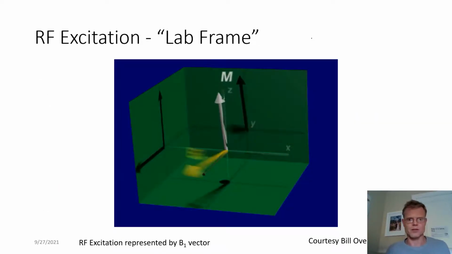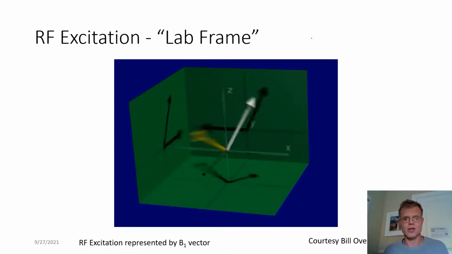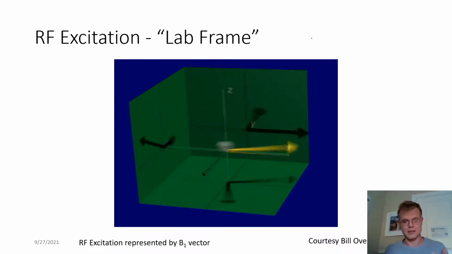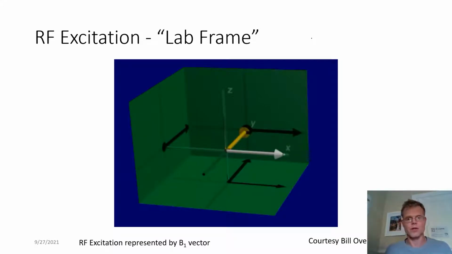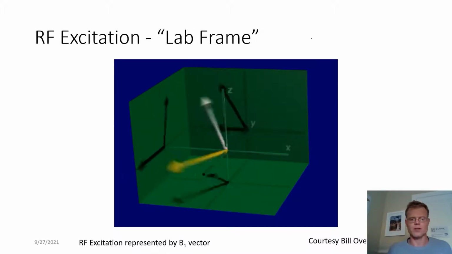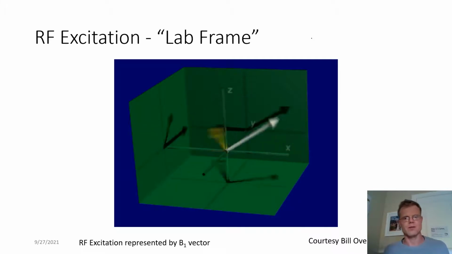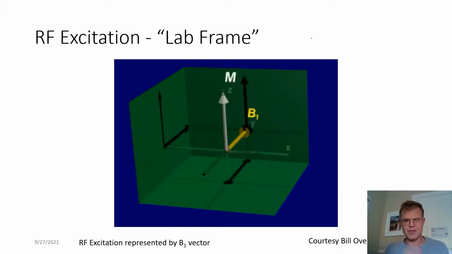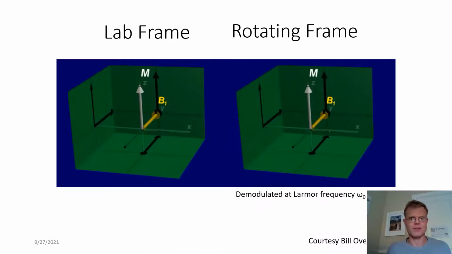Okay, so again, here's what this looks like in our depiction of our net magnetization, M, and then our magnetic field, which here we're representing with the yellow vector. And the behavior that's governing what they're doing in this simulation is actually the Bloch equation, which I'll show in a little bit. We typically will observe this behavior in what's called a lab frame, where everything is rotating at the resonance frequency.